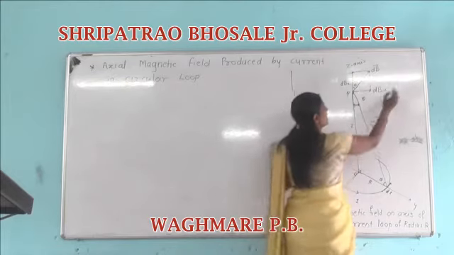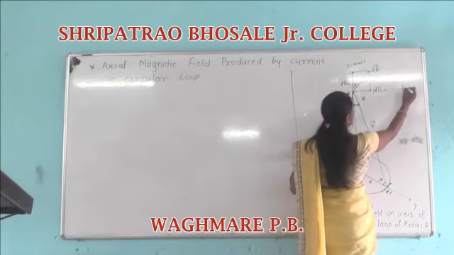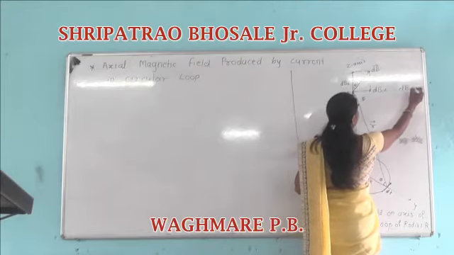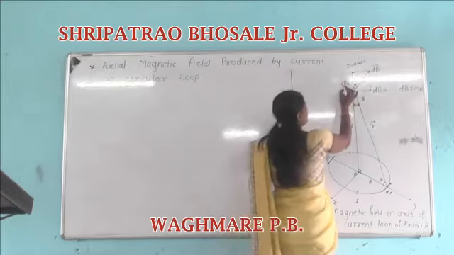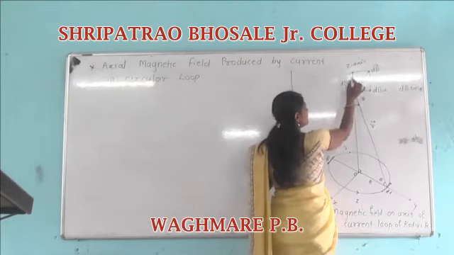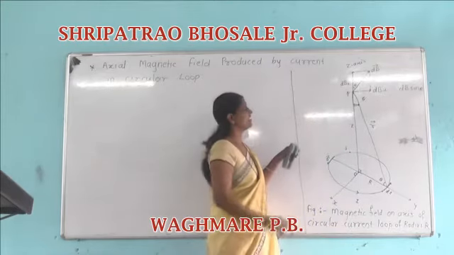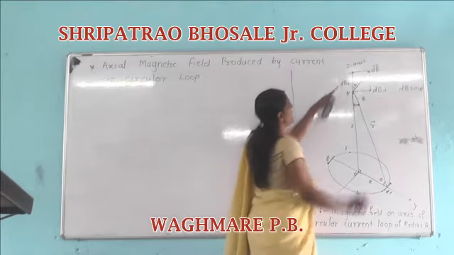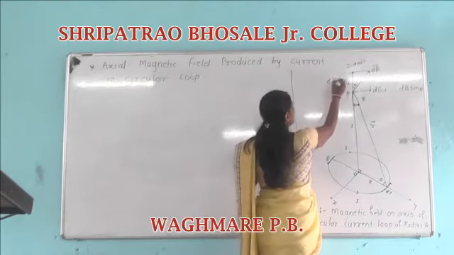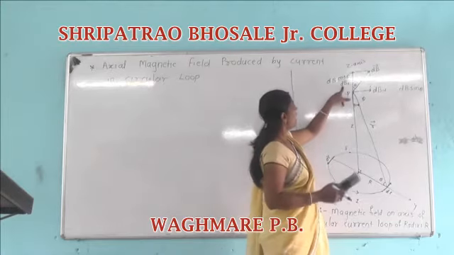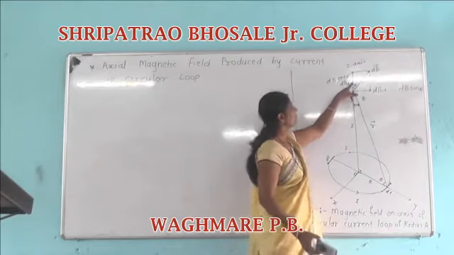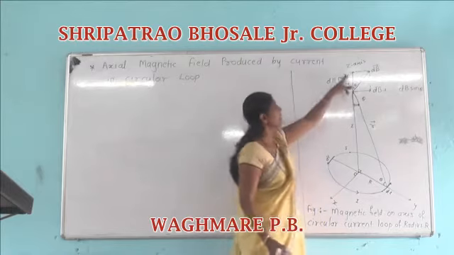So dB perpendicular will be equal to dB sin theta, and the dBz, which is along the z axis, will be equal to dB cos theta. The component along the z axis of dB will be dB cos theta.